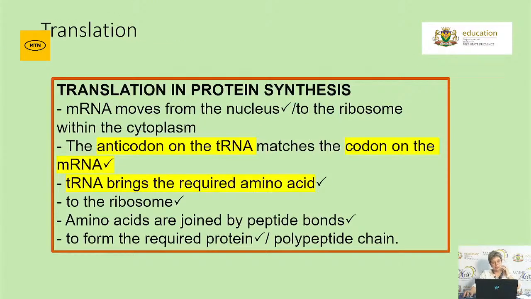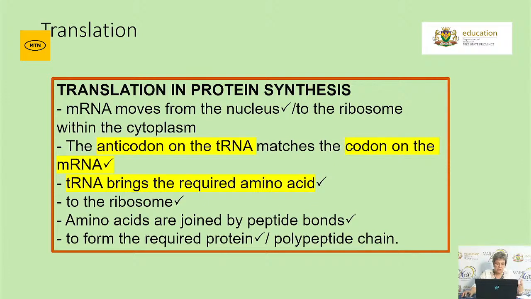In translation, it is very important to look at the following. The anticodon of the tRNA matches the codon on the mRNA, but if they ask you for a specific example, then you must say the anticodon of the tRNA, and maybe you have to mention the anticodon.